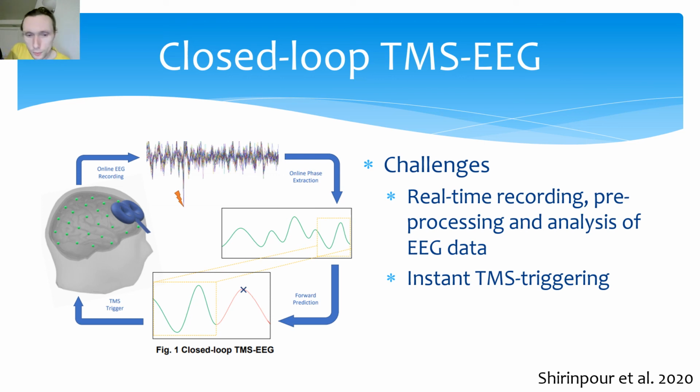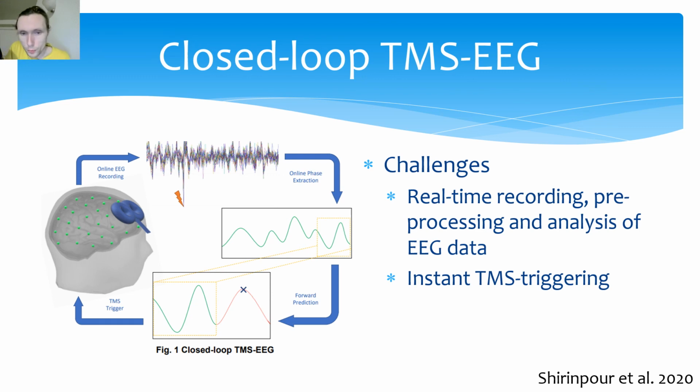So in the method that we have developed, we are looking at the signal, we are extracting that signal, and based on how the signal looks like in a particular participant at a particular time, we make a forward prediction, which basically means that we predict how the signal will look like based on the previous signal, so that we know a few milliseconds in advance, okay, if we now stimulate in, let's say, 2 to 3 milliseconds, then we will hit this part of the EEG wave.